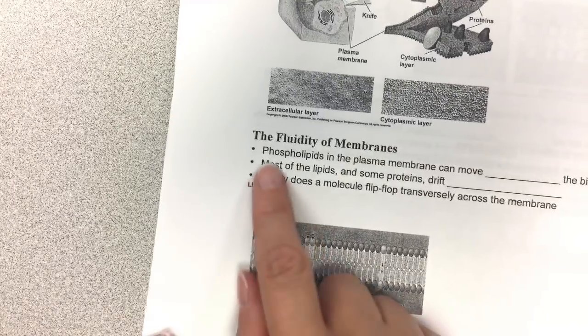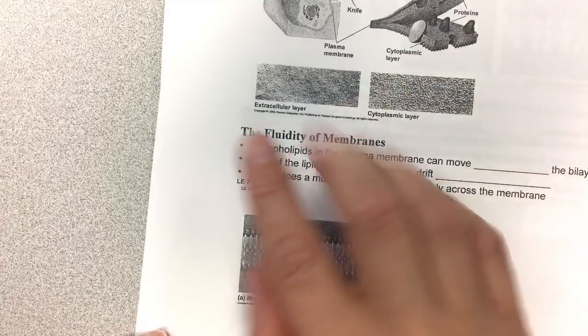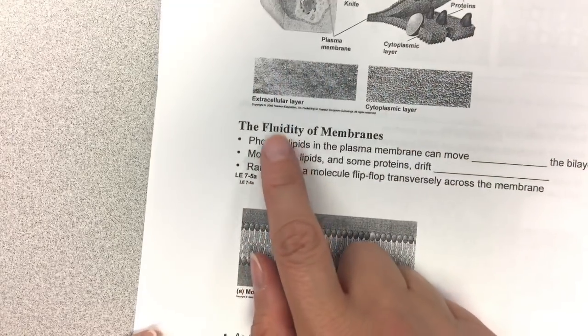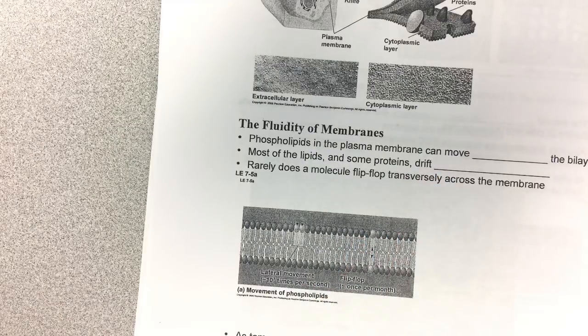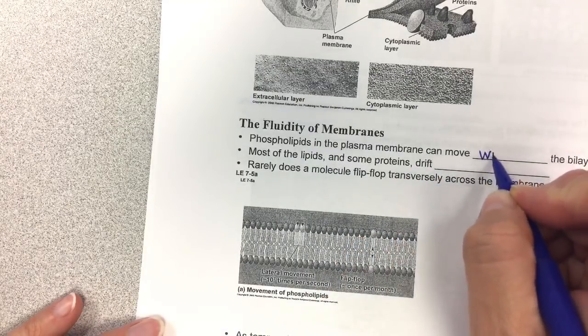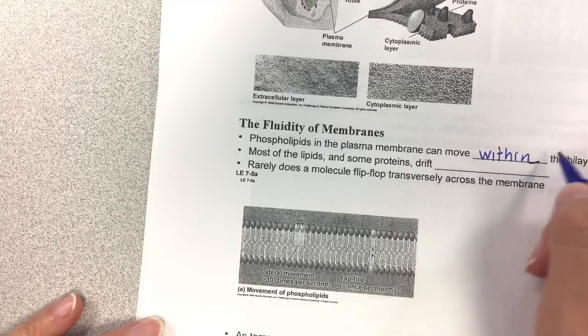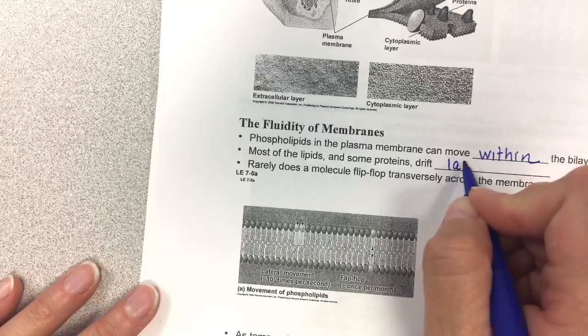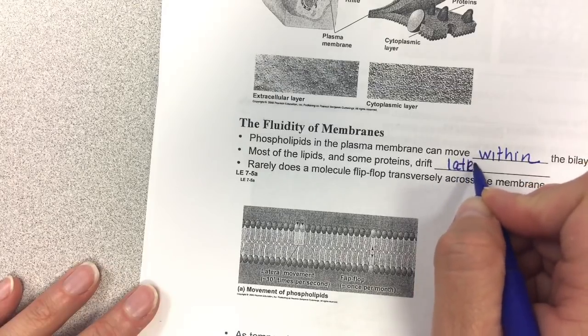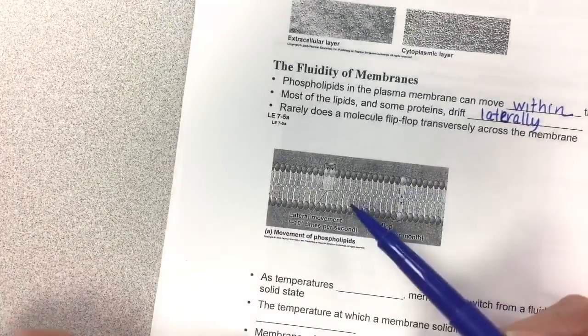So then the fluid part of it, let's talk about the fluidity of membranes. Phospholipids in the plasma membrane can move within the bilayer. Most of the lipids and proteins drift what's called laterally. So what does this mean?